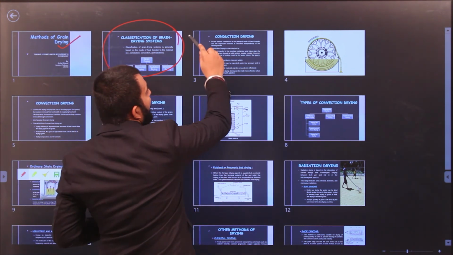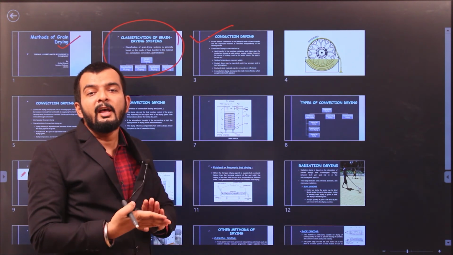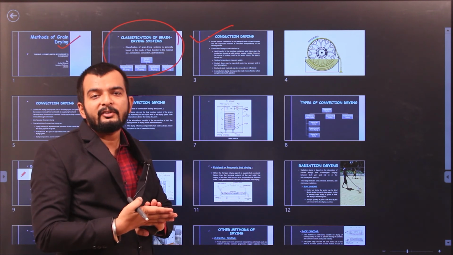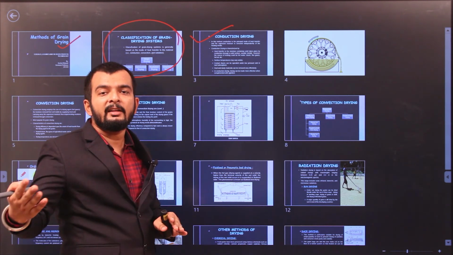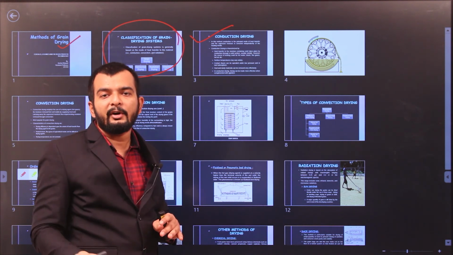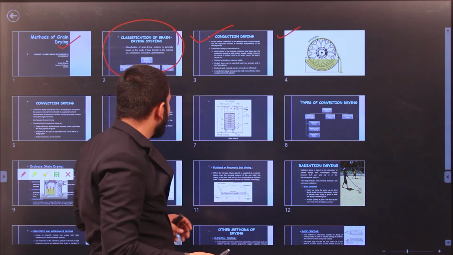Now under conduction drying, we studied the principle that heating takes place when material comes in direct contact with a metallic surface or any other solid surface which is heated using another heating system like hot water or steam. We took an example of drum dryer here.